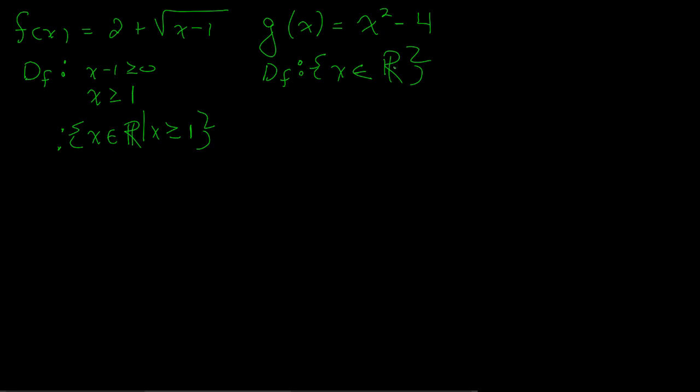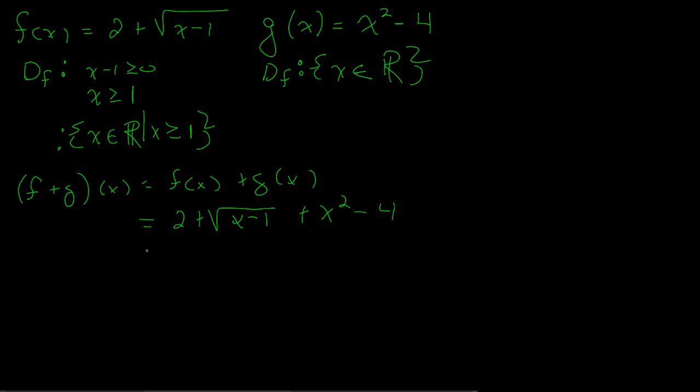All right, let's do some function algebra and see what might come out of these. So the first algebra we can do is f plus g, which will be f of x plus g of x. So 2 plus the square root of x minus 1 plus x squared minus 4. Well, we'll collect like terms. There's not too much like for like here.